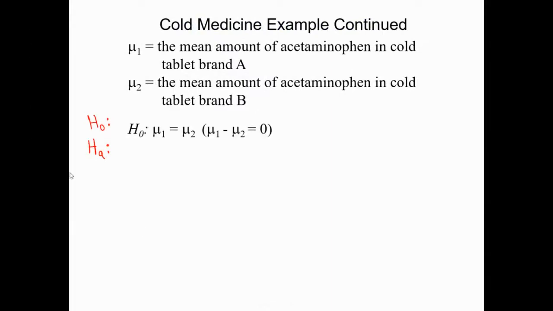I'm going to just, instead of me writing it, I'll pop it up there. Give us some time. So the null is that mu1 equals mu2. But remember, we need a hypothesized value to plug into our test statistic. So we moved it over. That way we could say, okay, 0 is our hypothesized value.